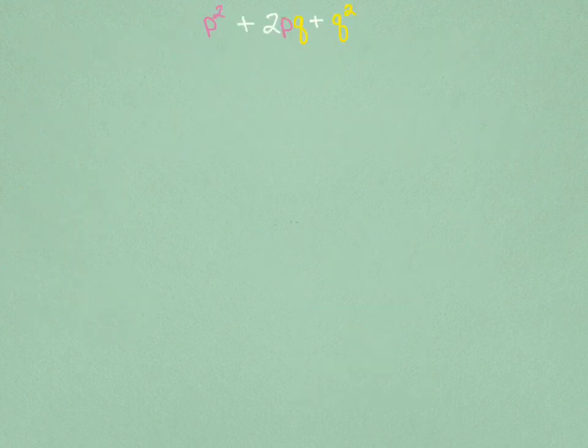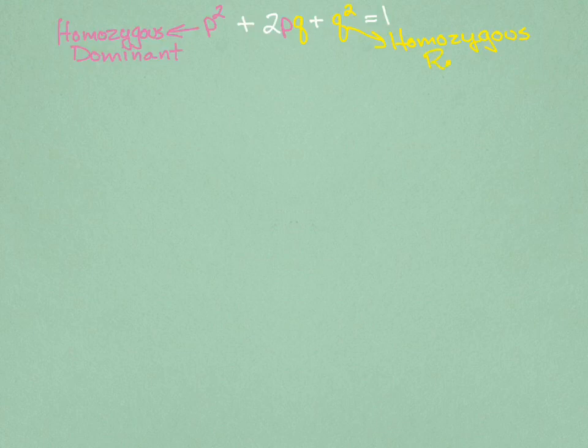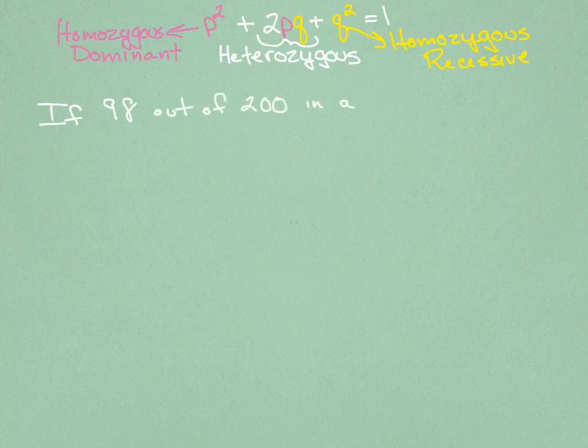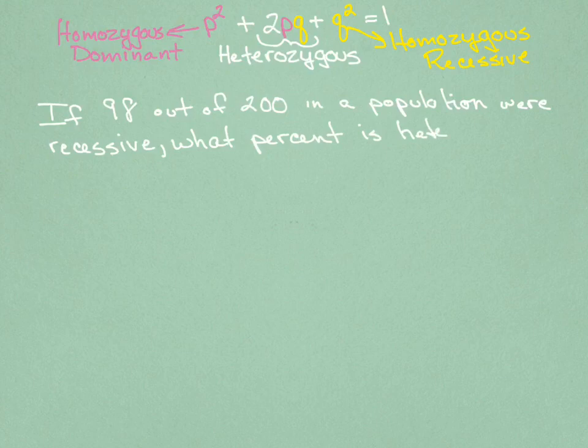All right. Let's do just one more. I'm throwing you a different way of asking it this time. If 98 out of 200 in a population were recessive, what percent is heterozygous?